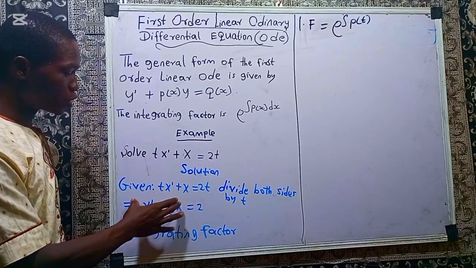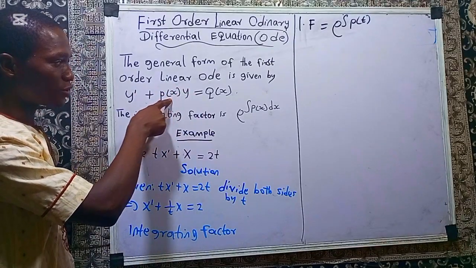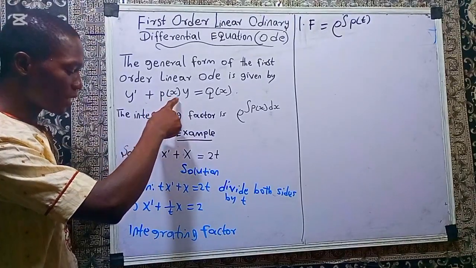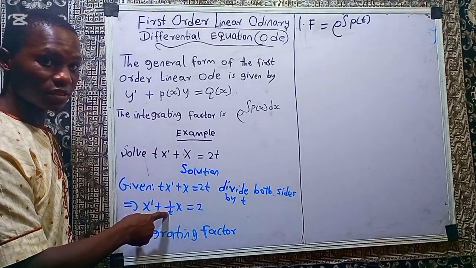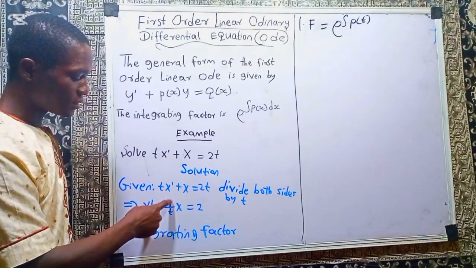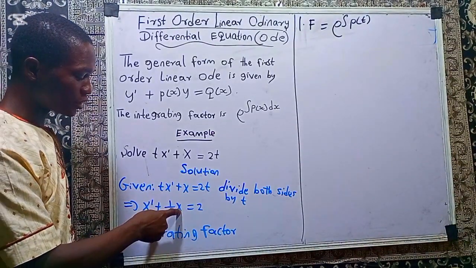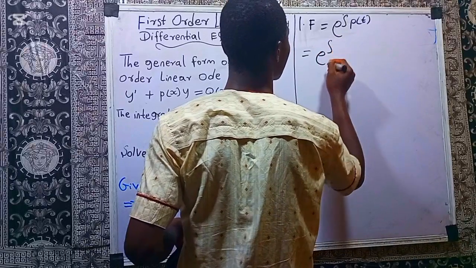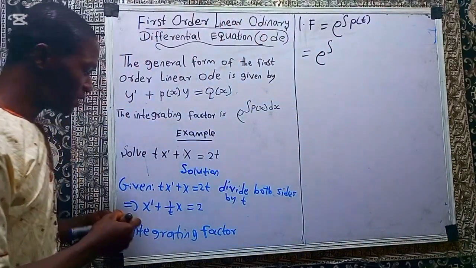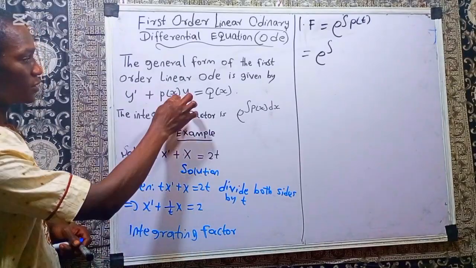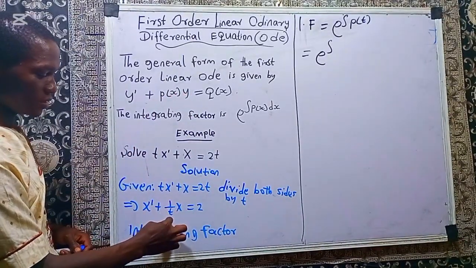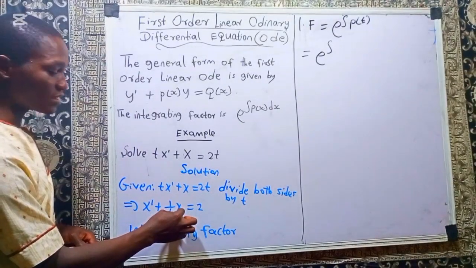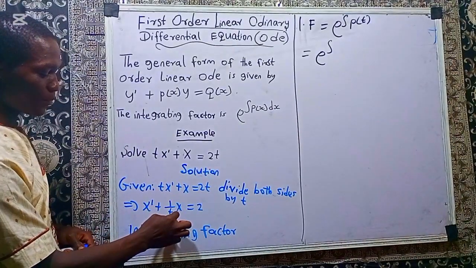If you compare this equation with the general equation, you find out that your p of the independent variable is this 1 over t. This 1 over t is the function of the independent variable multiplying the dependent. So this will be equal to exponential integral of p of t. Remember, the dependent is x in this situation. The function of the independent is this one.